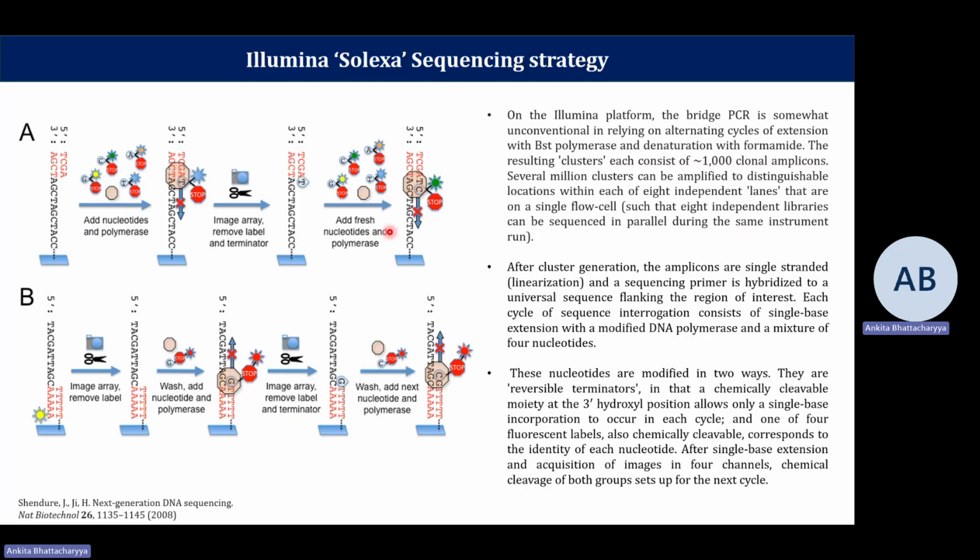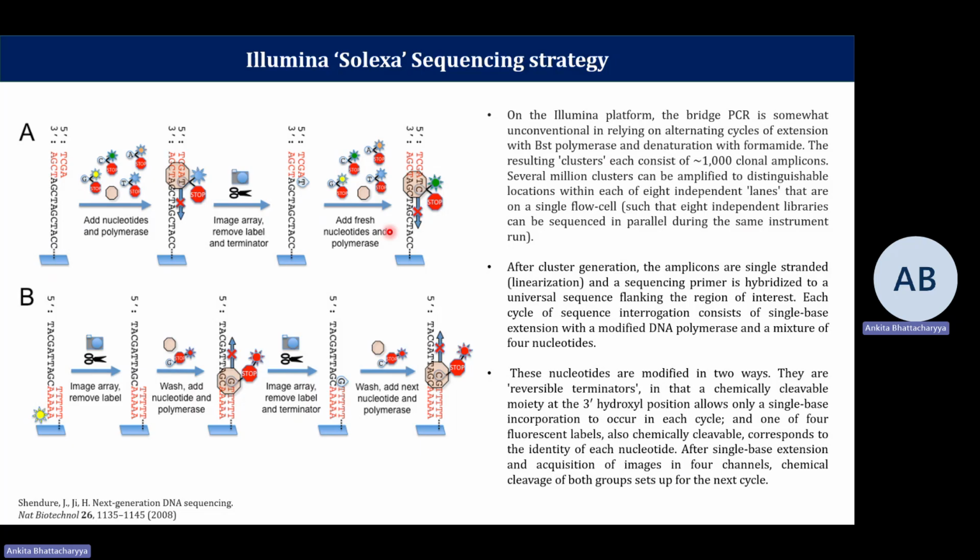So, basically, the idea is that you use these chemically modified nucleotides, which are often also called reversible terminators, because a chemically cleavable moiety is present at the 3' OH position that only allows one base pair incorporation to proceed in one cycle.